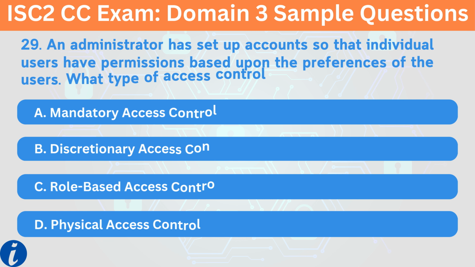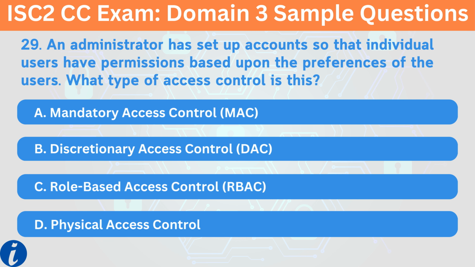29. An administrator has set up accounts so that individual users have permissions based upon the preferences of the users. What type of access control is this? A. Mandatory access control, MAC. B. Discretionary access control, DAC. C. Role-based access control, RBAC. D. Physical access control.